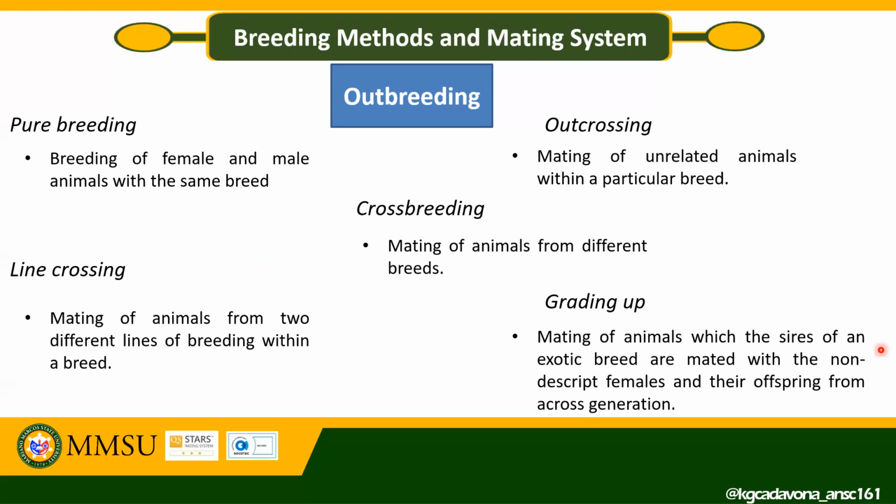The next one, we have line crossing, which is the mating of animals from two different lines of breeding within a breed. So the purpose naman for this one is to bring together desirable traits from different lines of breeding.